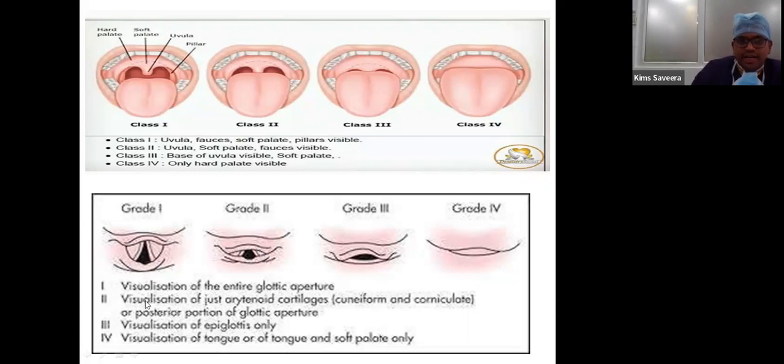In grade 2 there are also grades A and B, where only the cuneiform is seen in 2A, and the posterior part of the glottis is seen in 2B. In grade 3, only the epiglottis is seen and we can't see any part of the vocal cords. And we don't even see the epiglottis in grade 4. Generally, intubating and passing the tube are both difficult.